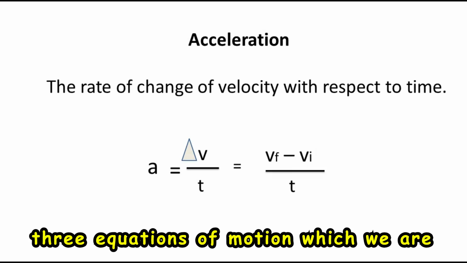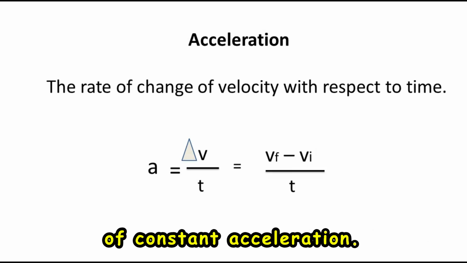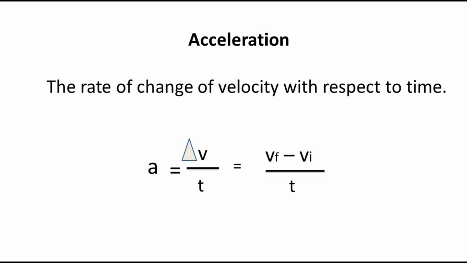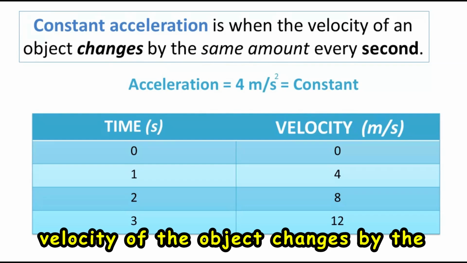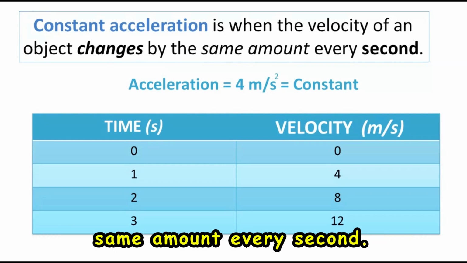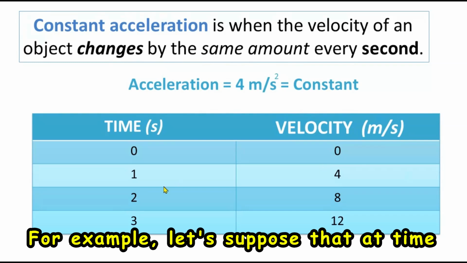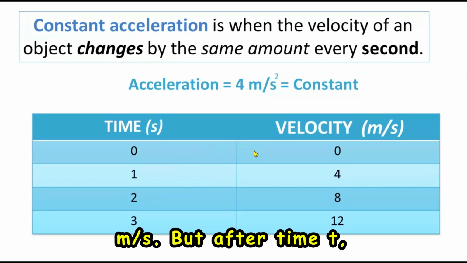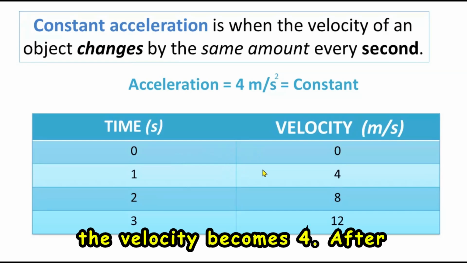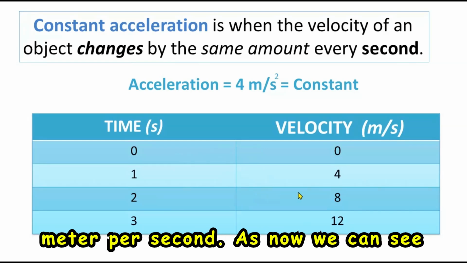All the three equations of motion which we are going to discuss are built on the basis of constant acceleration. Constant acceleration is when the velocity of the object changes by the same amount every second. For example, let's suppose that at time t equals 0, the velocity of the object is 0 meters per second, but after time t, the velocity becomes 4. After 2 seconds, the velocity becomes 8 meters per second.